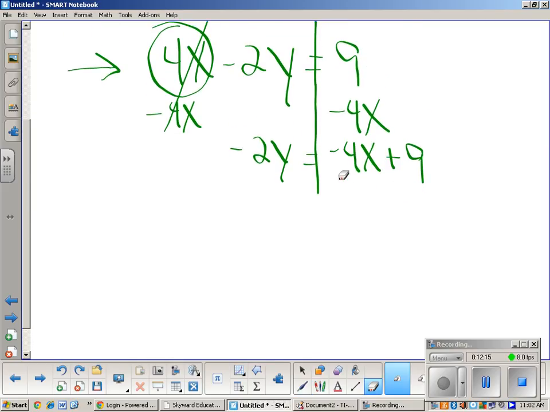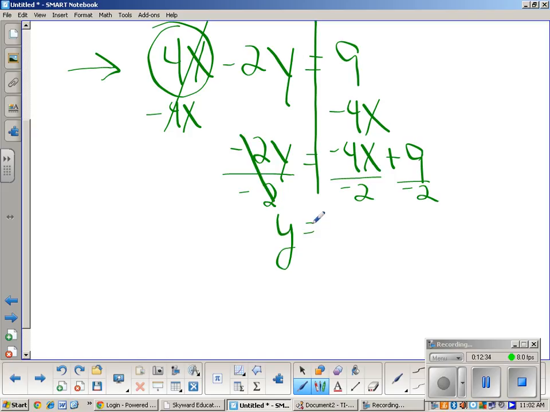So, how do I do that? Divide everything by what? Negative 2. So I'm going to divide all my parts over here by negative 2. So these cancel out. I'm left with y equals a negative divided by a negative gives me a positive, and 4 divided by 2 gives me positive 2x.